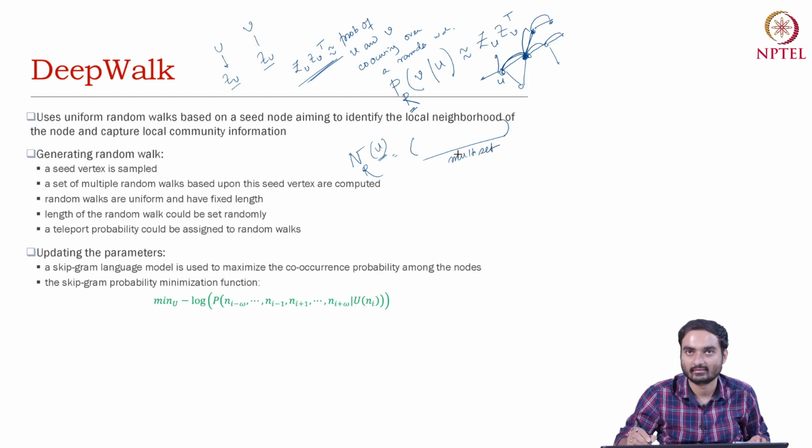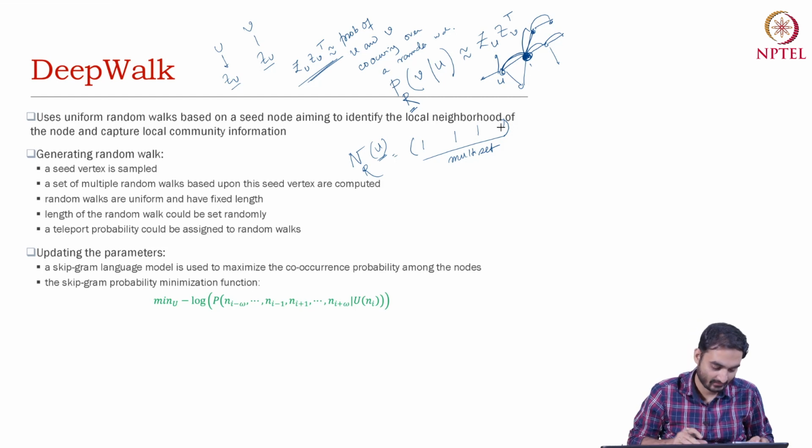Why is this a multi-set? Because here an entity can repeat. For example, this node can appear in multiple random walks, so this node will appear multiple times in this set. In general, when you talk about a set, the entities should be unique, but in a multi-set the entities can be repeated.